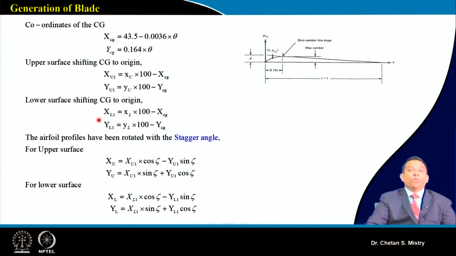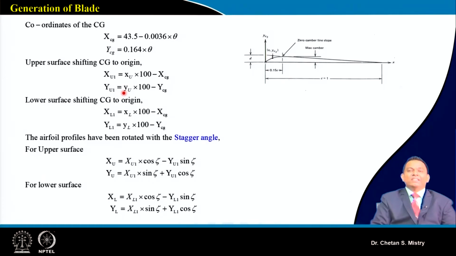Okay, now once we have done this calculation, we have one more angle. That angle is our setting angle or blade setting angle, or we can say our stagger angle. So whatever calculation we have done needs to be staggered. So again you need to recalculate your suction surface coordinates and pressure surface coordinates.